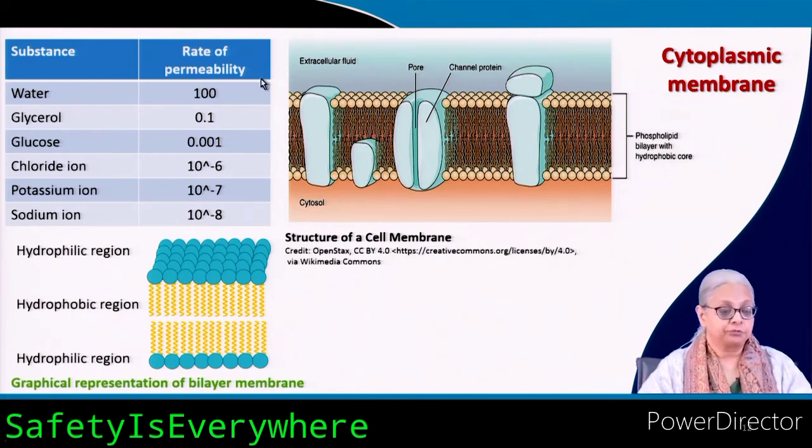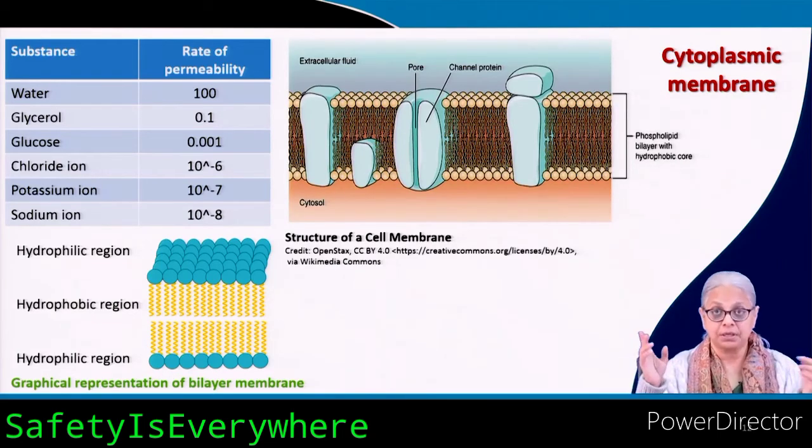And more proof of permeability. So if I put the permeability of different compounds on a scale relative to water, and we assume that water can pass in and out, which again is not entirely true, even though some textbooks do have that.